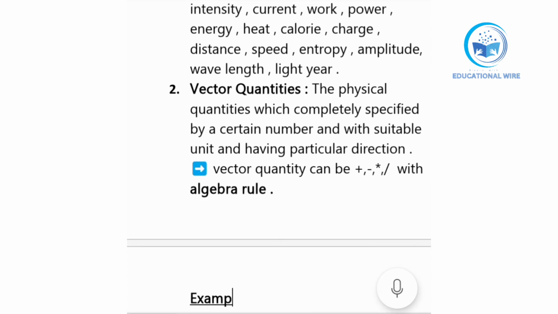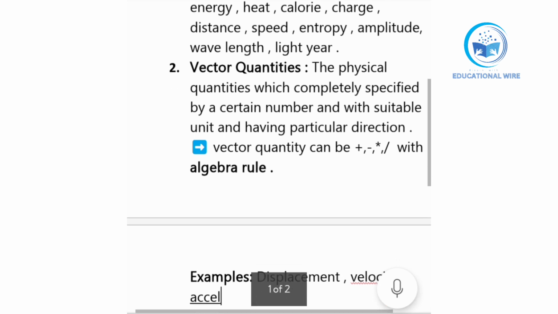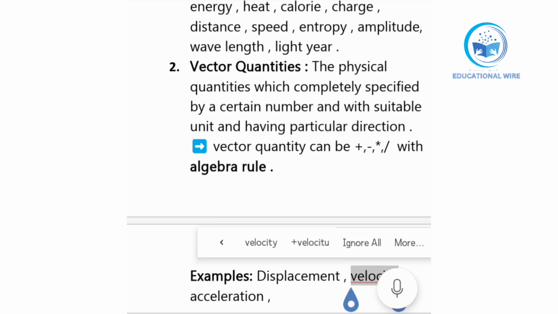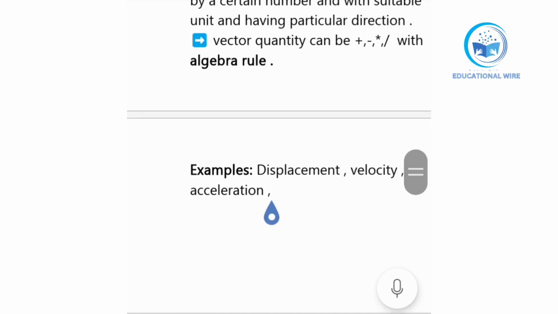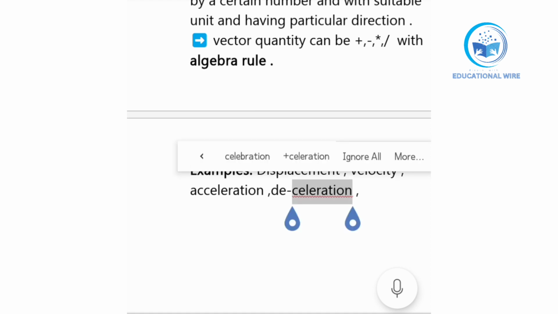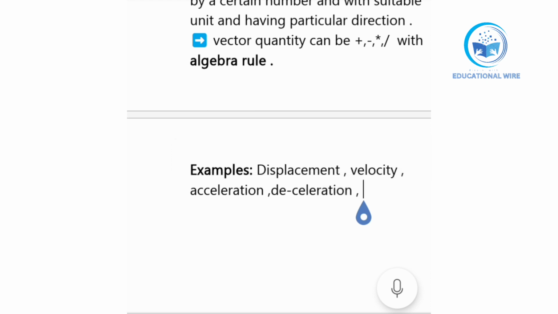Let's count examples of these. We have displacement, velocity, acceleration, deceleration, then force.